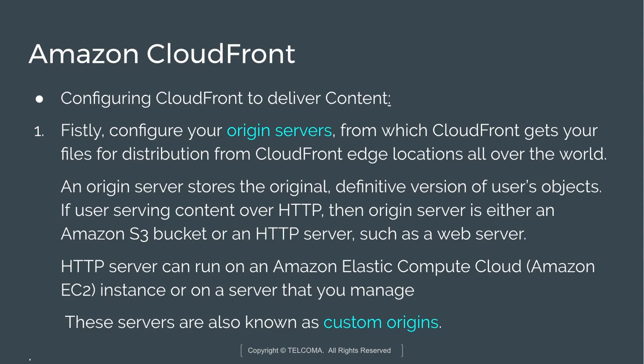If serving content over HTTP, then the origin server is either an S3 bucket or an HTTP server, like any web server. It will run on an EC2 instance. These servers are also known as custom origins.